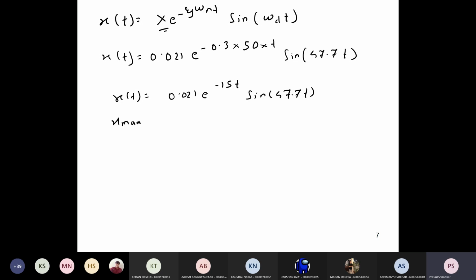So how to find out x max? Yes, anybody? Sir, when the velocity will be 0. So velocity is the derivative, x dot of t is equal to 0, right? Yes. So differentiate this equation and tell me the corresponding value of t.